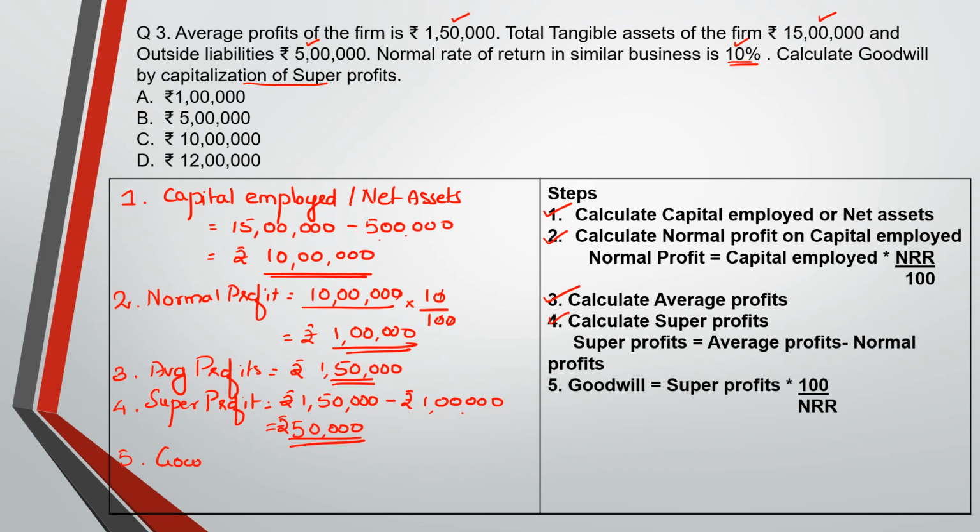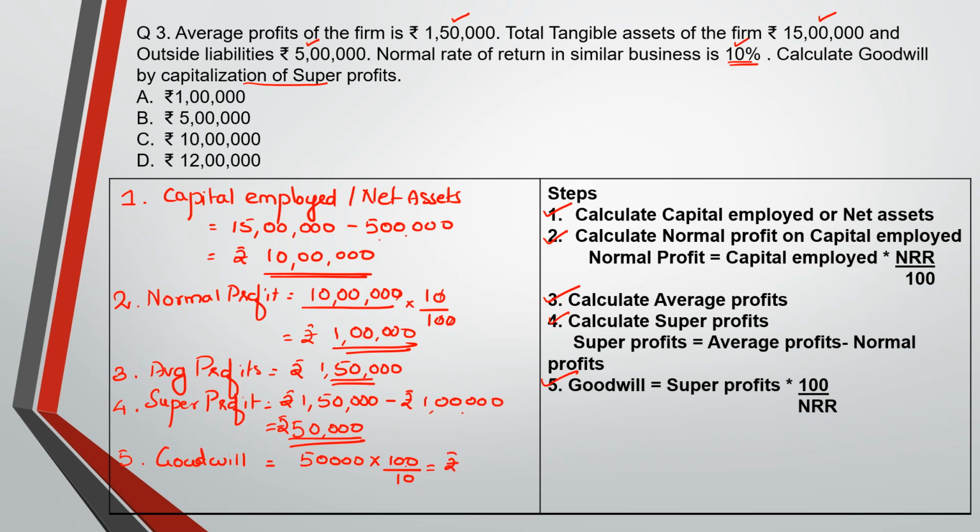Finally, we will calculate the goodwill of the firm. The formula for goodwill using the capitalization of super profit method is you take the super profit multiplied by 100 divided by NRR, that is the normal rate of return. So here we have 50,000 as the super profit multiplied by 100 and divided by the normal rate of return, which is 10.